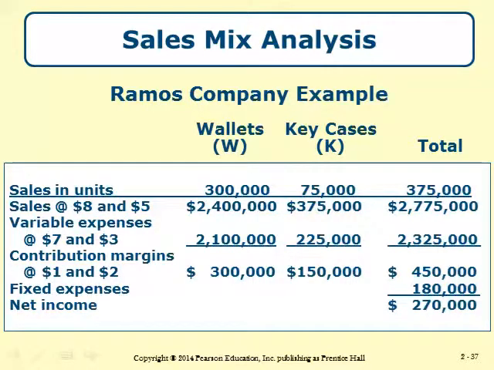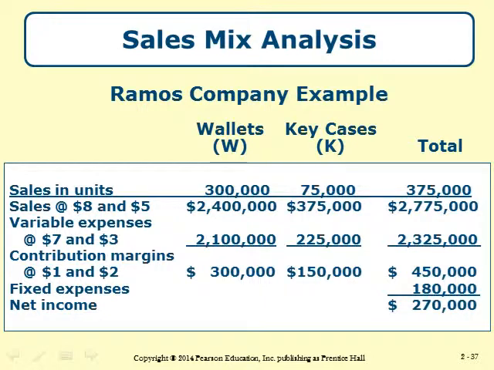So suppose Ramos Company has two products, wallets or W and key cases or K. What is the break-even point for each product? And so we're given the sales at $8 and at $5. We're given the variable expenses at $7 and at $3, which get us to the contribution margins of $1 and $2 for each of the wallets or key cases.